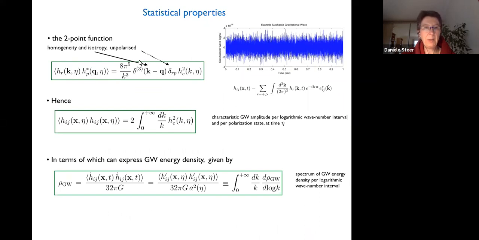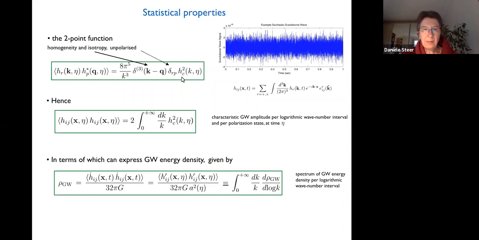And so it inherits on the right-hand side a delta function in k minus q because of the homogeneity and isotropy. A delta function in the polarization indices because we're assuming the background is unpolarized. And I've put various factors of k here in front and 2 pi so as to simplify expressions later on. And the amplitude here is h_c squared, which is going to be a very important quantity, which depends on the modulus of k and on conformal time.